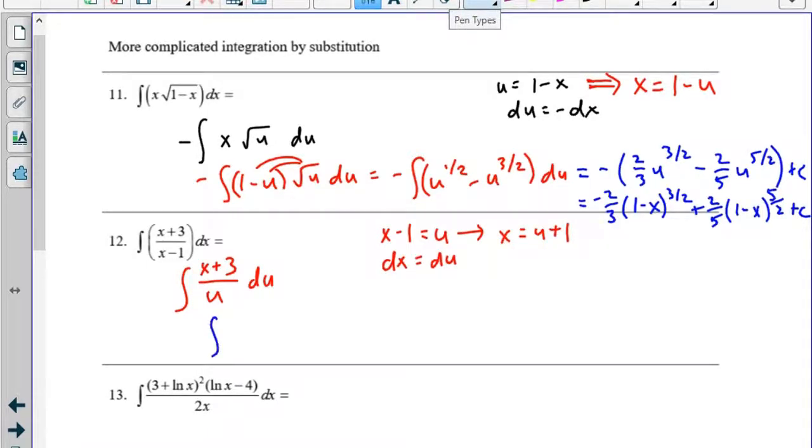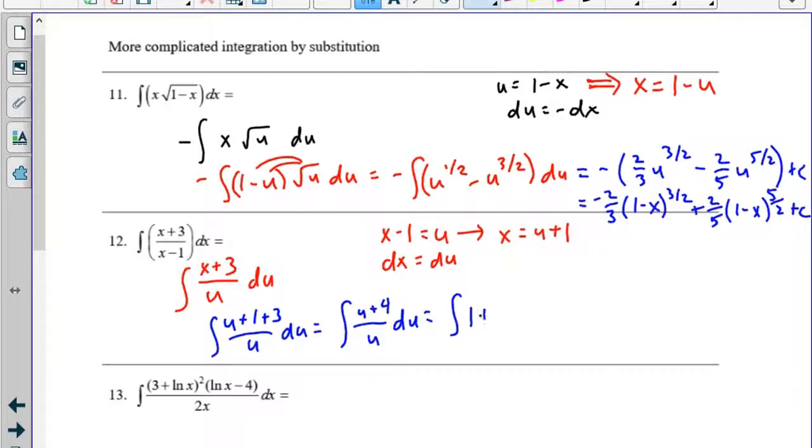So now I have the integral of u plus 1 plus 3 over u, and I can make that the integral of u plus 4 over u. And I can continue to simplify this. Notice that if I have a monomial in the denominator, I can rewrite this as u over u plus 4 over u. So that becomes 1 plus 4 over u du.